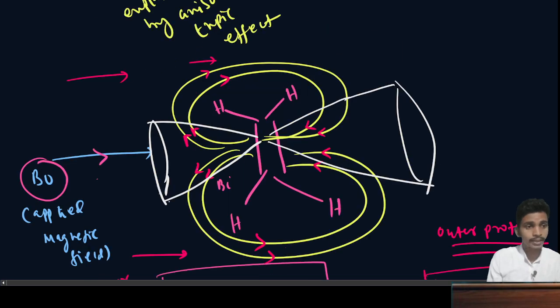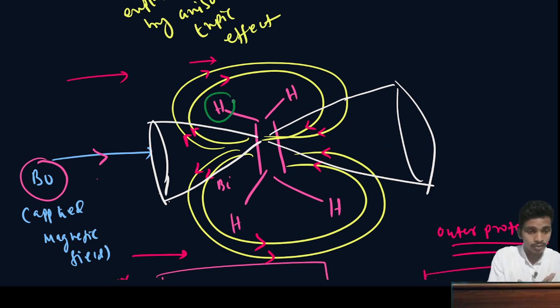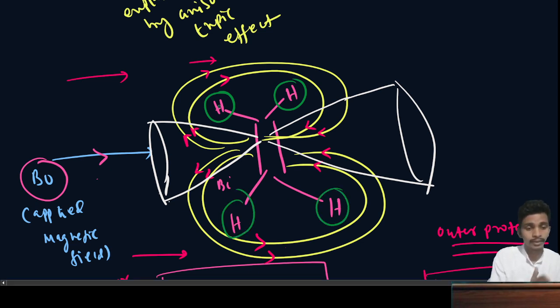And in the alkene system, all the protons are outside the cones. That's why for alkene systems these protons have high chemical shift values, lying nearly at 4.5 to 6.5 ppm.